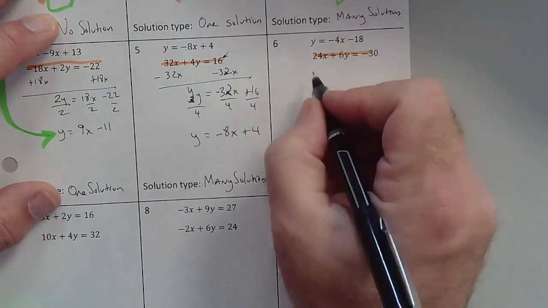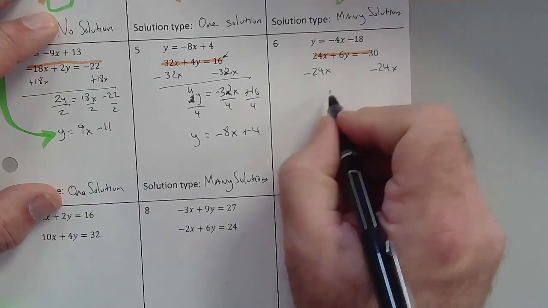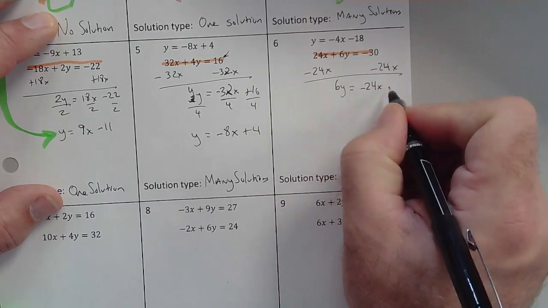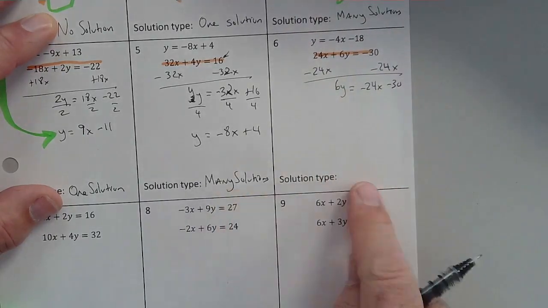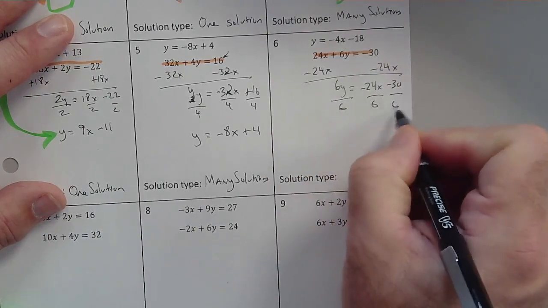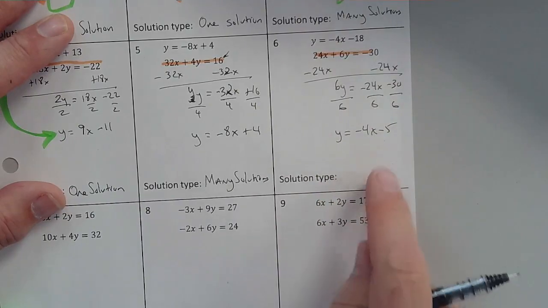Let's look at the next one. We're going to take the x term and move it to the other side. 6y equals negative 24x minus 30. I assume this is going to be no solution, but let's prove it. Divide by 6. I get y equals negative 4x minus 5.